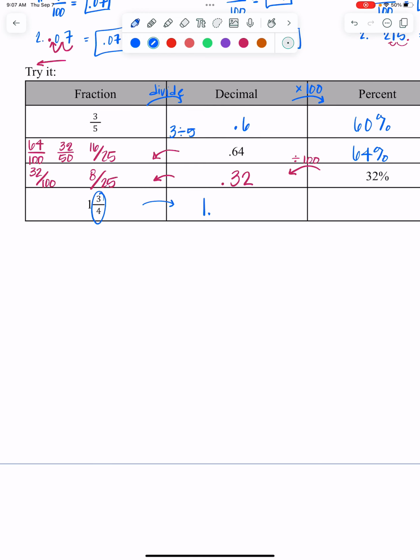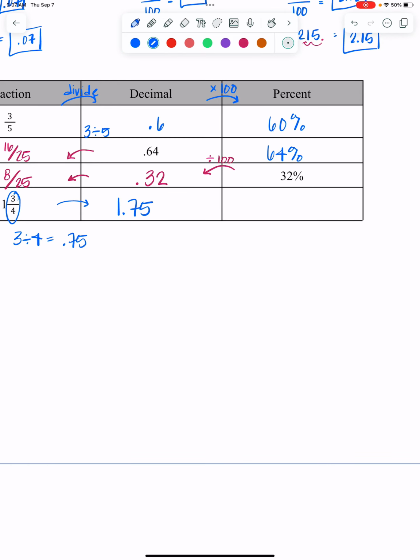And then 3/4, if I do 3 divided by 4 in my calculator, I'm going to get 0.75. So the decimal equivalent for 1 3/4 is 1.75. Then to go from a decimal to a percent, I multiply by 100, so this is going to be 175%.